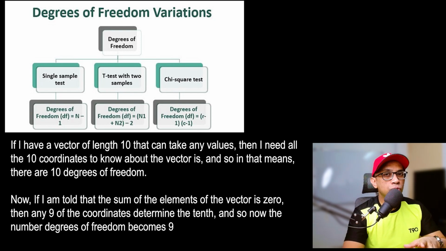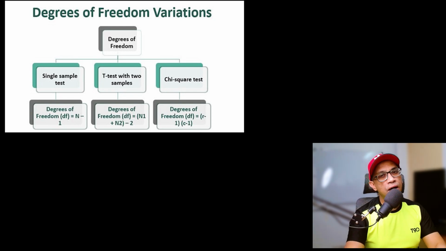Now if I am told that the sum of the elements of the vector is 0, then any 9 of the coordinates determine the 10th, and so in this case the number of degrees of freedom is 9. So the key idea here is that the degrees of freedom is the minimum number of values that you need to specify a quantity.